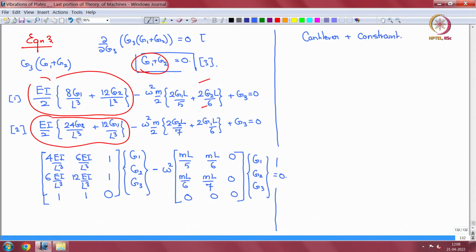However, this set of matrices do not form a typical generalized eigenvalue problem.